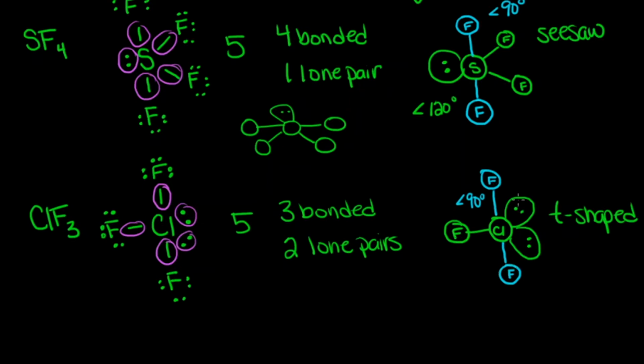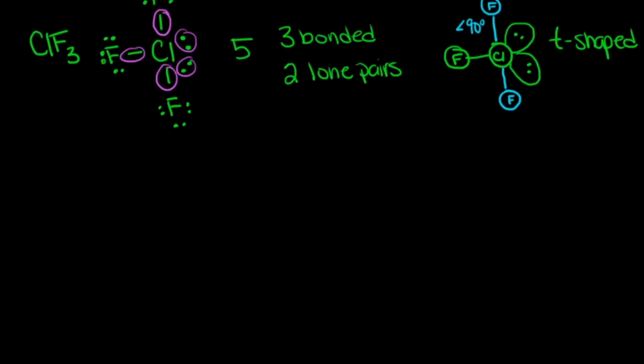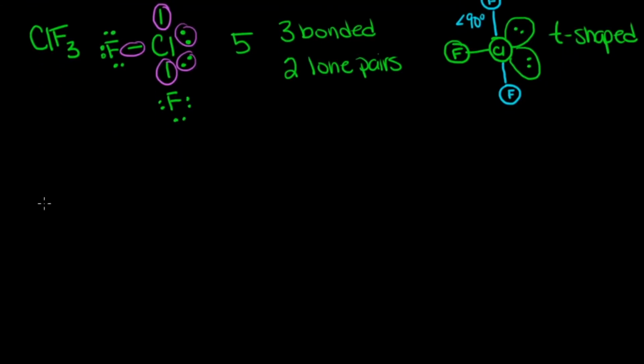All right, let's go to 3 bonded and 3 lone. Xenon difluoride. And this is the last of our 5-domain family. If you see my pattern here, you guys, you'll notice that we're gonna go to, oh, I'm sorry.